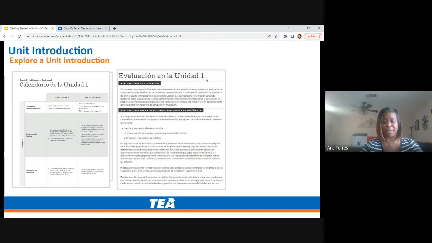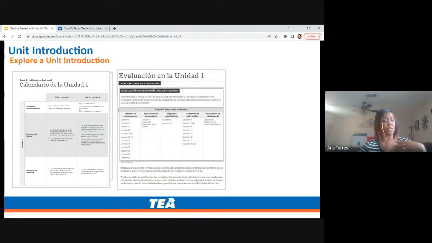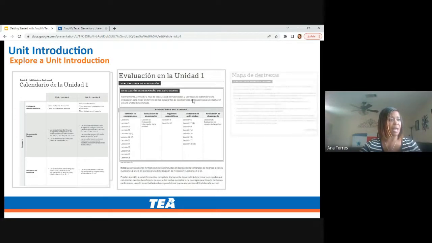So for example, it has the assessments that will be included in this unit. And so it's broken down here, you know, verificar la comprensión, where you're going to be verifying that comprehension. So it breaks down in each section and what lesson those assessments are going to happen. This is so great to have at your fingertips.